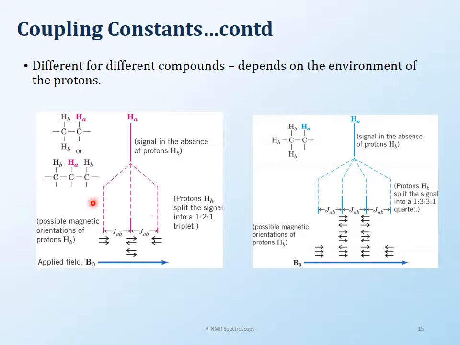So the coupling constant for these two will be different. When these two protons A and B are coupling, it will give a different coupling constant, and when these two here are coupling, it will be a different coupling constant. That is how you can tell what is coupling and what is not. So really when you have a complex spectrum, that's when you need this.